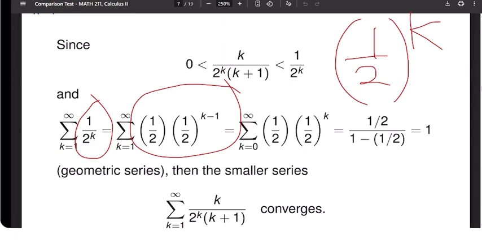Now, if you take a look at what I have right now, if k starts from 1, don't forget, from the beginning, k starts from 1. This is what I have. Now, if I want k to start from 0, automatically, the one that has a power of k minus 1, we have a power of k.